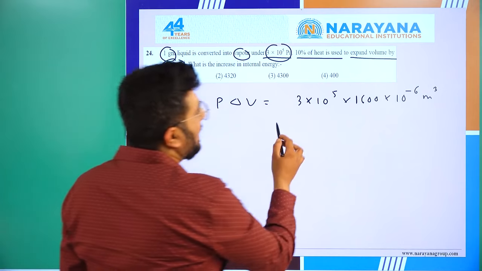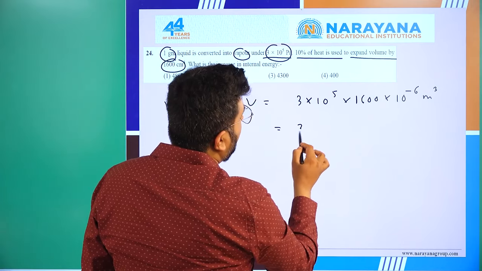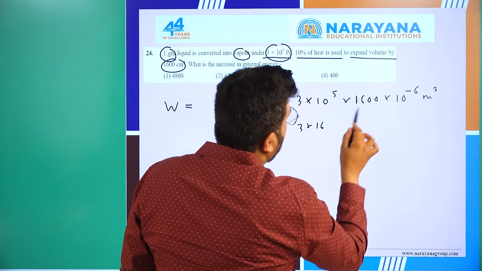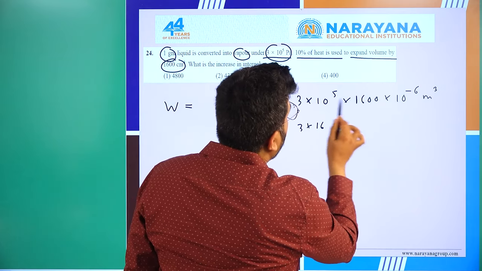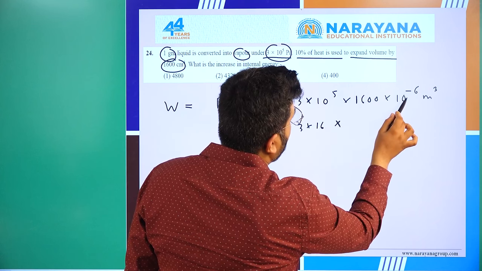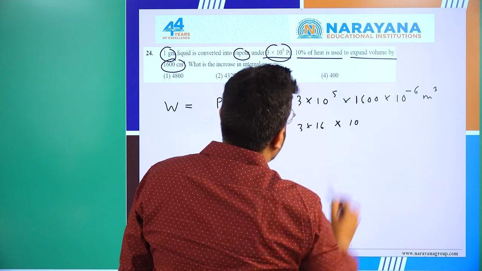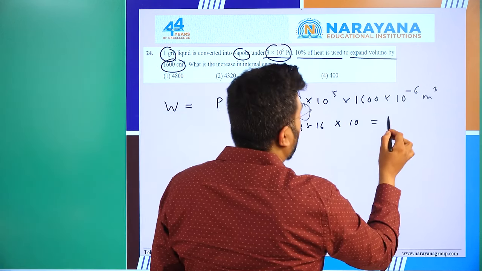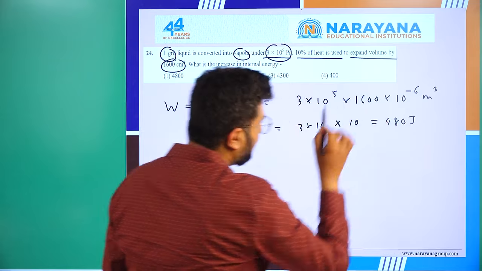Okay. So, finally, I will get 3 into 16 into 10 raised to the power minus 1 and into 10. So, this will come out to be 480 joules.